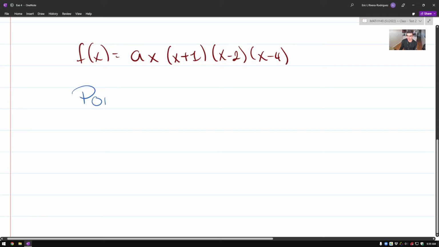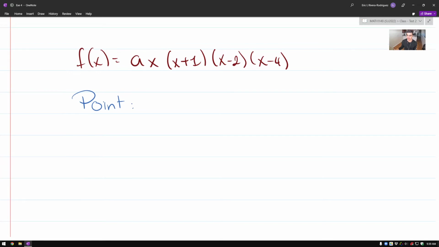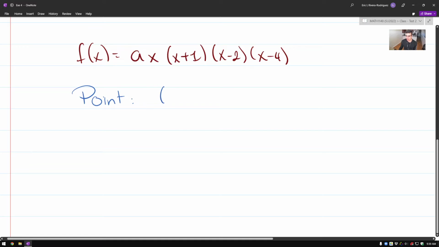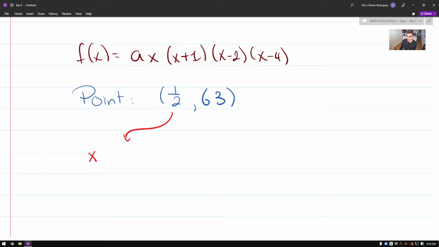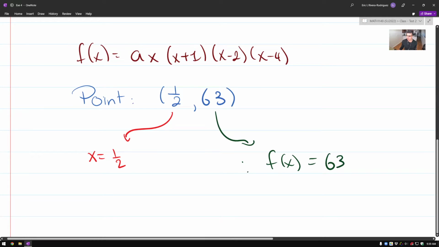The point that we have is (1/2, 63). This means that the x value of this point is 1/2, and the y value, which is f of x, the value of the function, is equal to 63. I'm going to erase y because we are working with a function, so we are using the function notation.